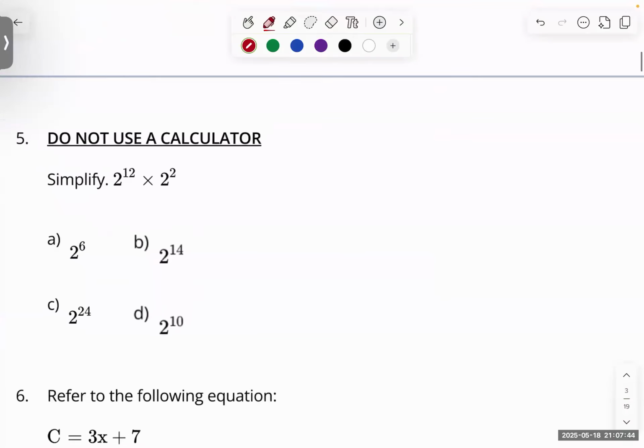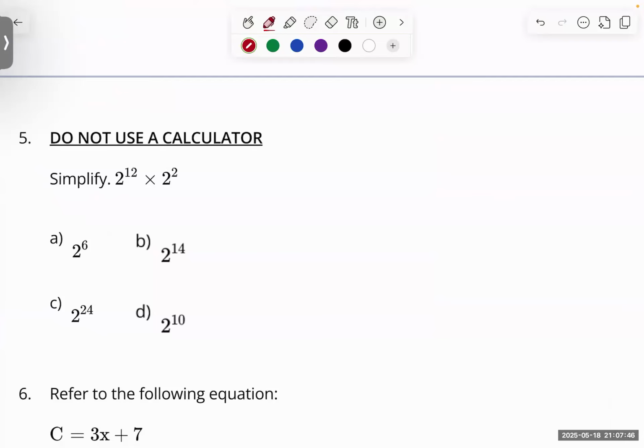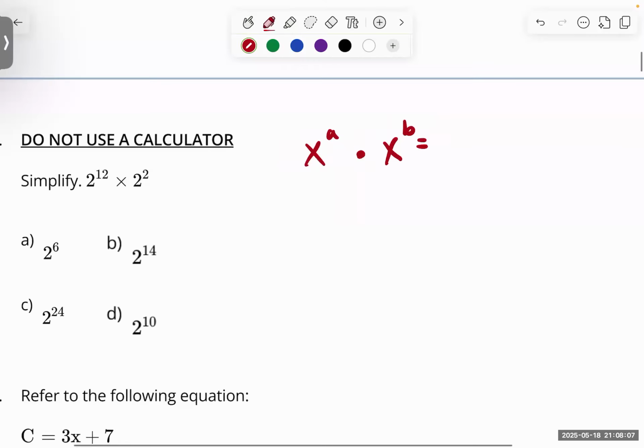Number 5, simplify 2 to the power 12 times 2 to the power 2, or 2 squared. So there's a rule that if I have some number x to the power a, where a is another number, times that same x to the power of a different number, or it could be the same number, you are allowed to combine the bases into 1.